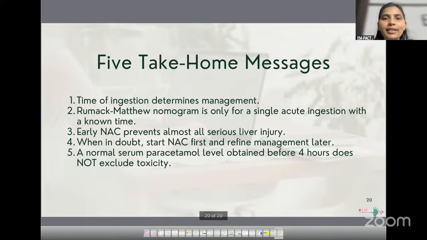So no need to wait. Actually, you can start the NAC immediately and reassess the patient at the end of the NAC therapy. If the patient is not improving, just think about the King's College criteria. If the patient is a candidate for liver transplantation, then just contact the referral center or make the arrangements for the liver transplantation.